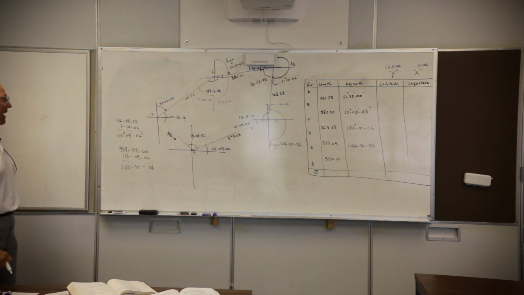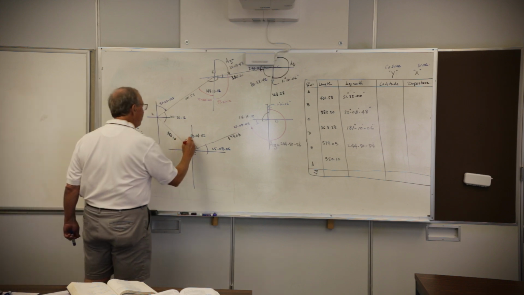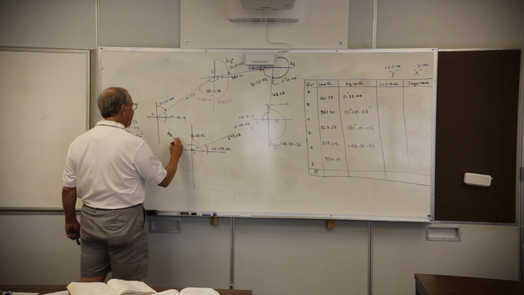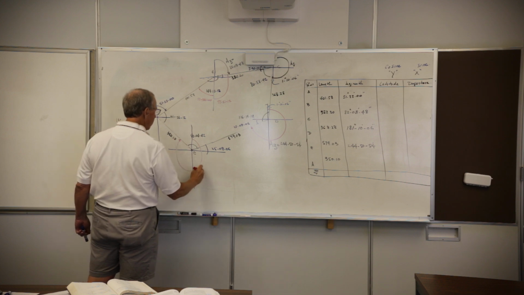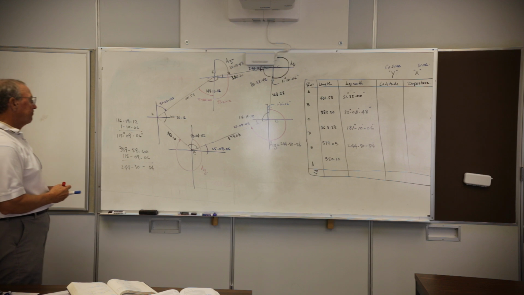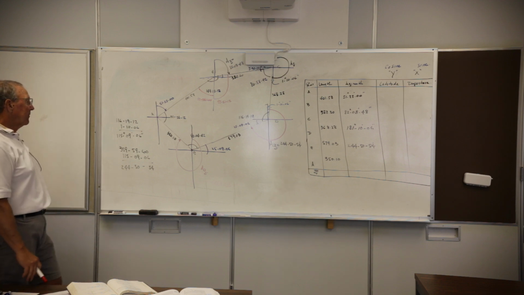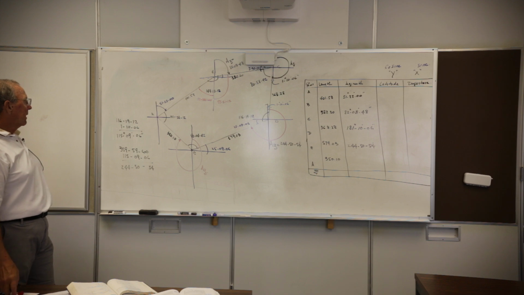Okay, little math. What do I need? Here's my azimuth. I need that angle right there. How am I going to get it? Well, I got myself a mess going on here, don't I?